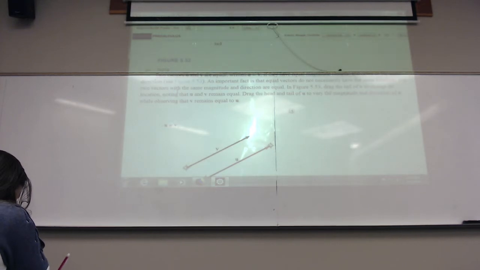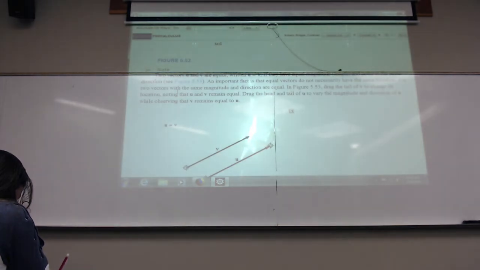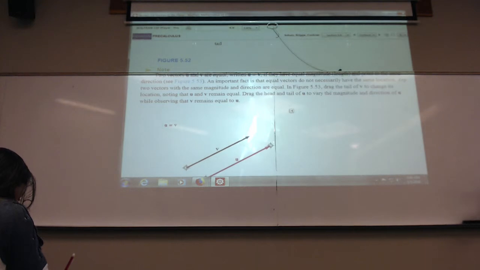So I have to make sure I cover vectors to satisfy the physics folks, but most of you are going to go on taking calculus. You wouldn't see vectors again until calculus 3. Okay, so the third calculus class. So some of you may need this depending on if you're going into Calc 3. For those of you that are taking physics, you'll definitely need vectors. For the rest of you, sorry.